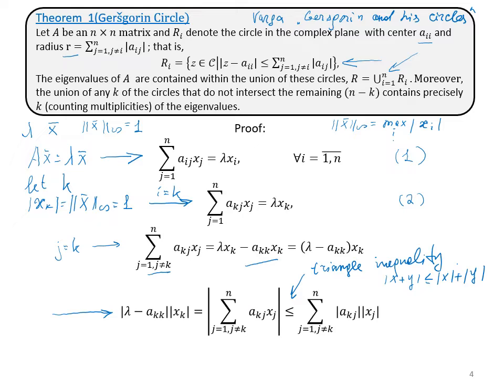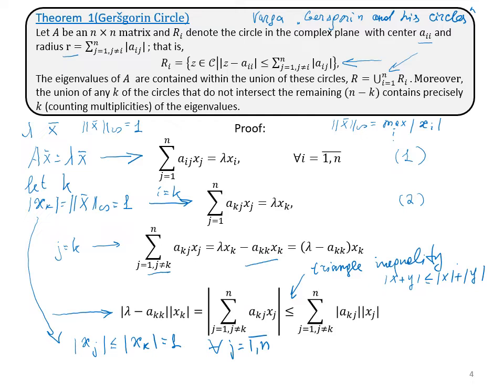But by assumption, we have the absolute value of x_k equals 1. It means that any |x_j| is less or equal to |x_k|, which equals 1, for any j between 1 and n.